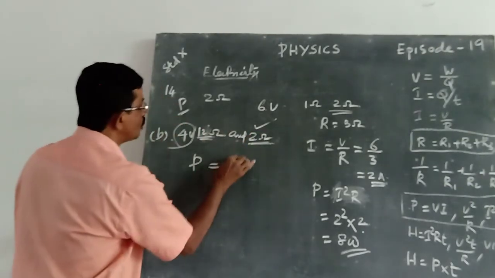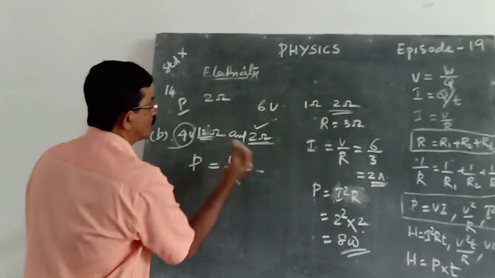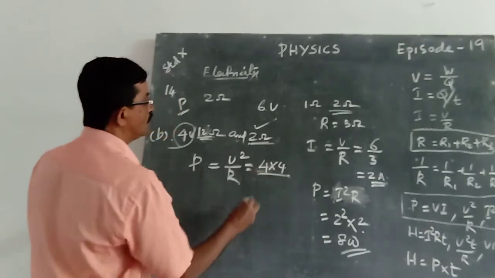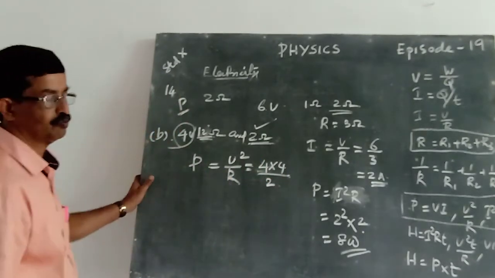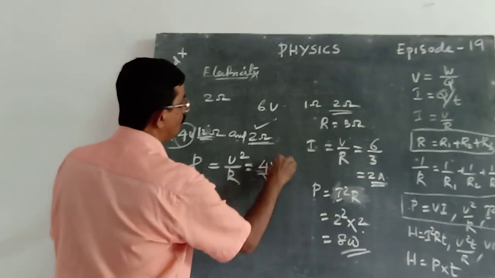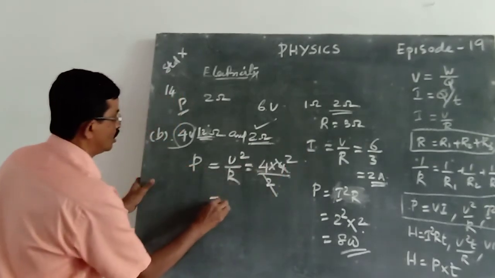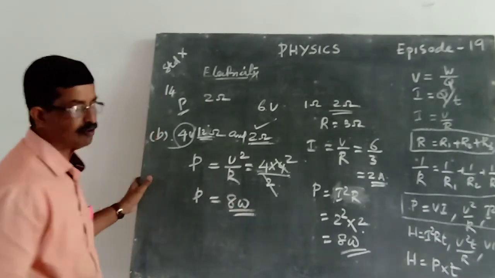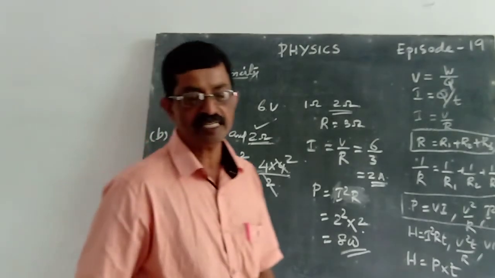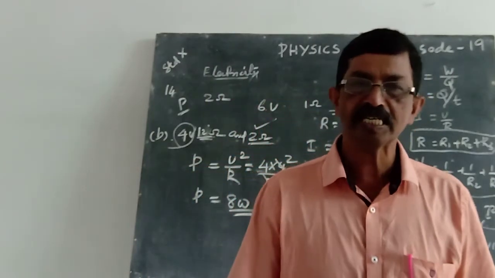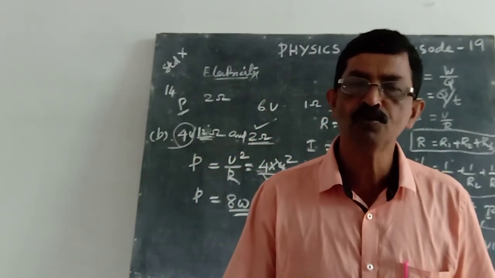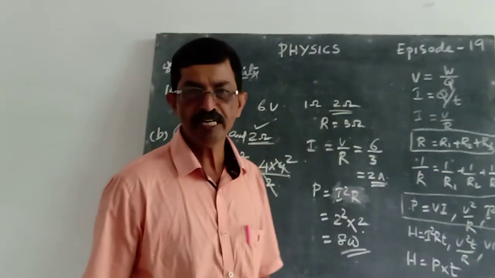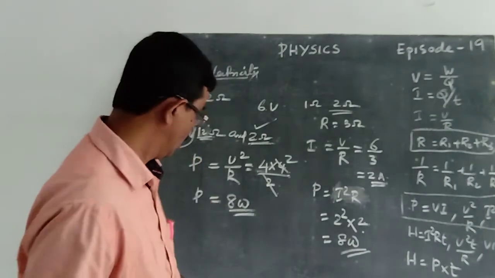V is 4, so 4 into 4 divided by R, which is 2. Cancelling the 2 and 4, the power is equal to 8 watt. That means in these two cases, the power across the 2 ohm is 8 watt itself.